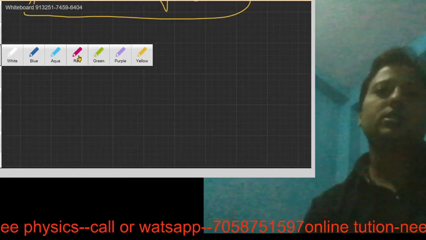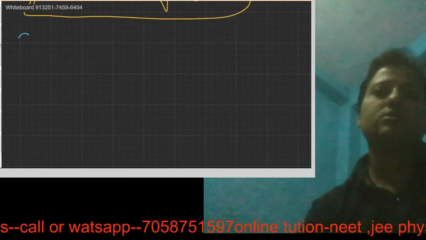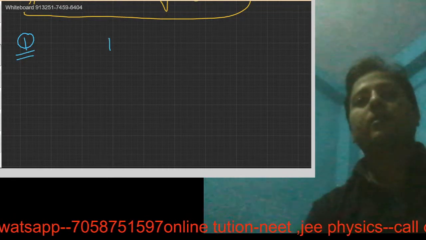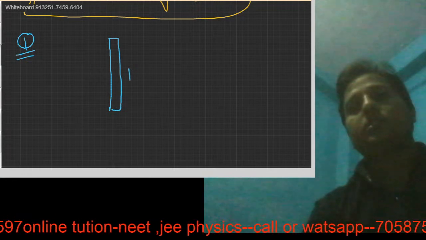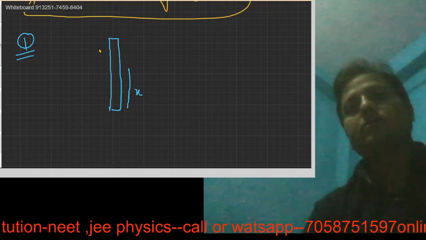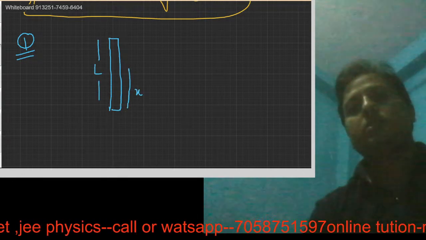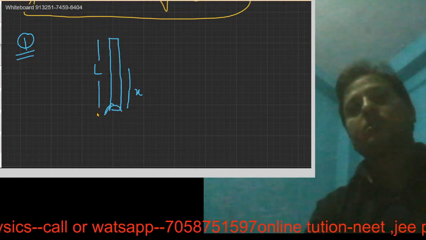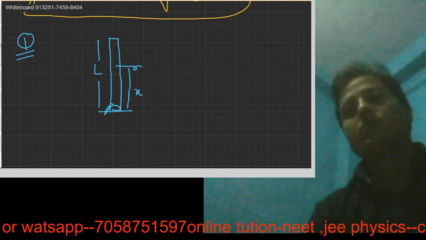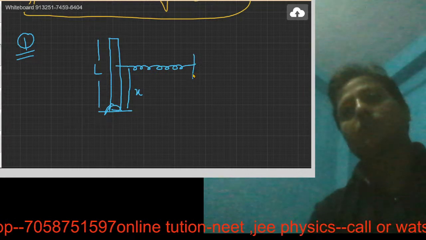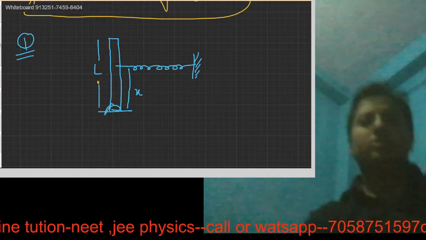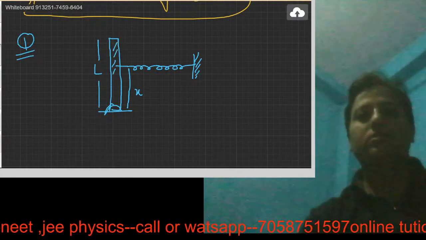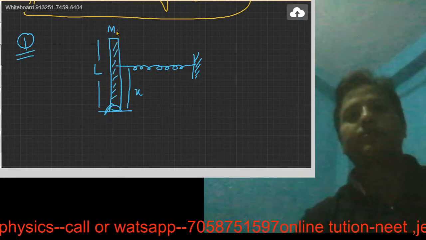Now in another case, suppose a spring is connected at a distance x. Total length is L, but the spring is connected at a distance x in this way. And the rod has some mass m.